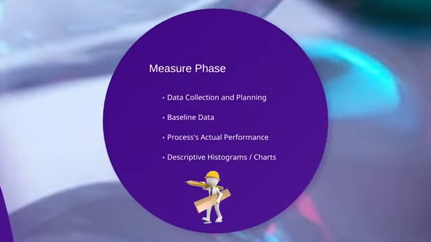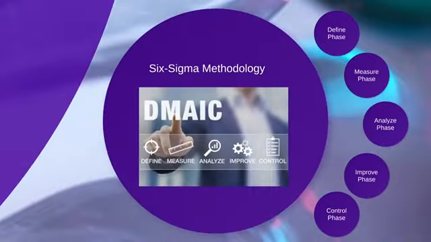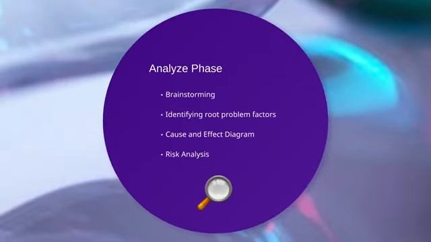In the measure phase, we are mainly concerned with data collection and planning, to study the baseline data and to measure the process's actual performance. Here we can also use descriptive histograms and charts. In the analyze phase, we do brainstorming to come up with the root causes of our problems.